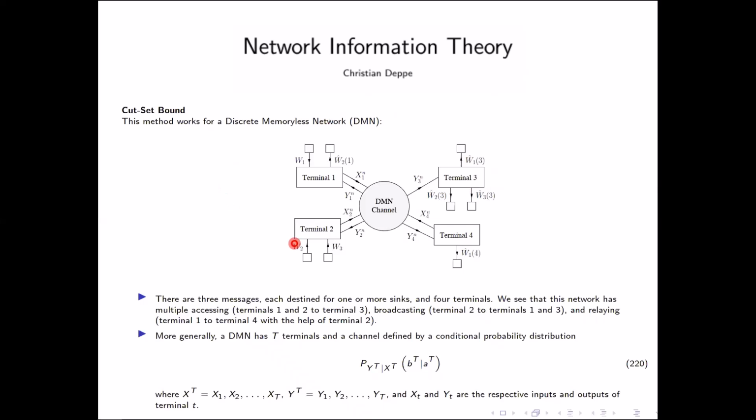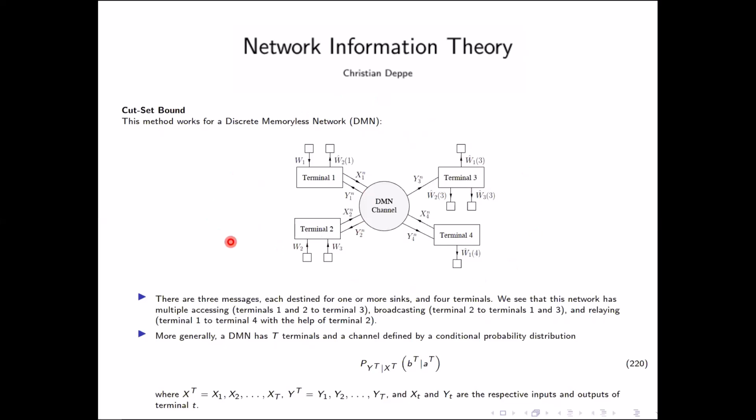And this construct is called a discrete memoryless network. And you see our broadcast channel and our MAC, if we use the encoders and the decoders as terminals, are of this kind of channel.